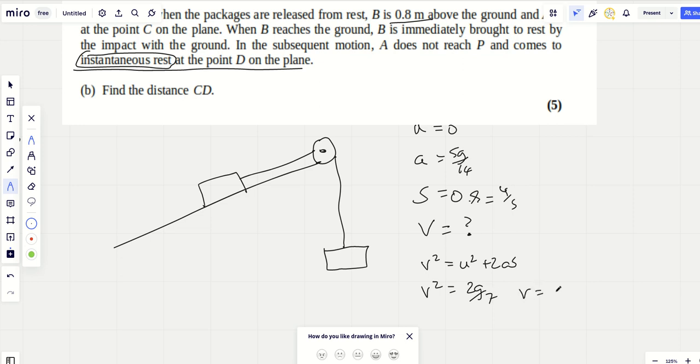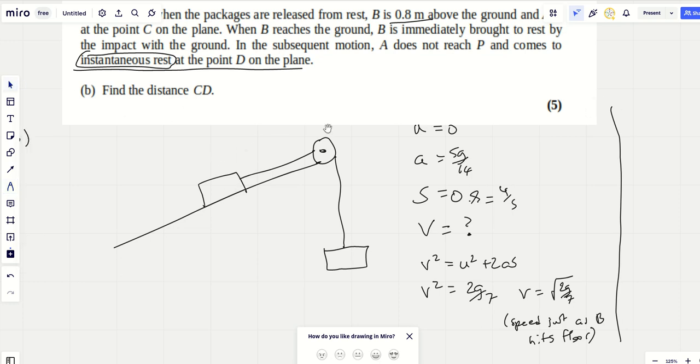And so v is the square root of 2g over 7. Tell the examiner what you've just worked out: speed just as B hits floor. Now I'm going to use that as my speed for this one just before the string goes slack.